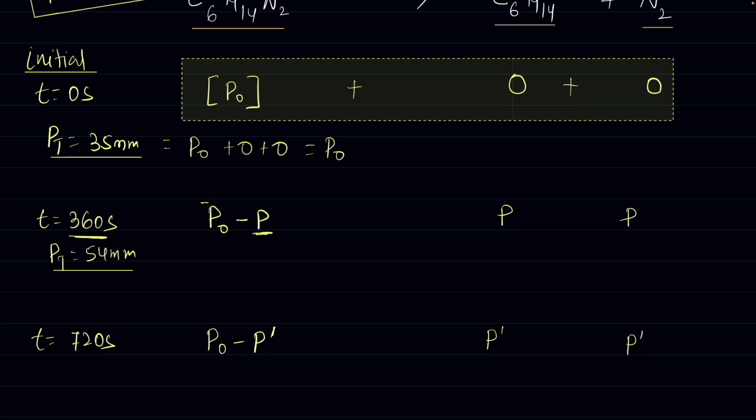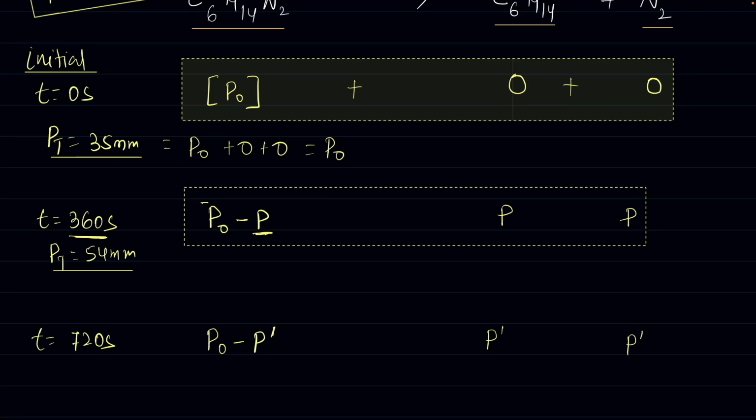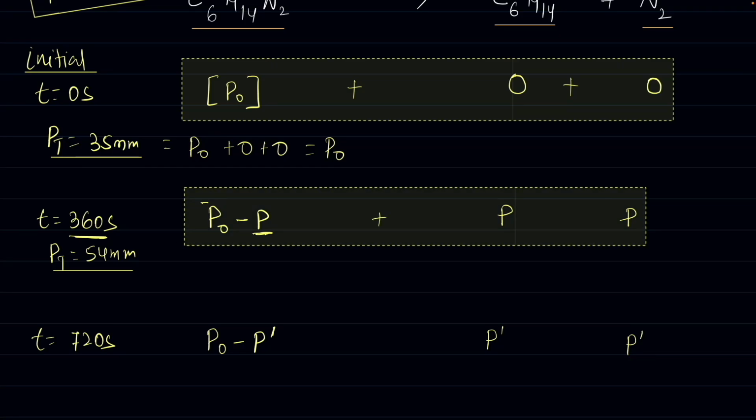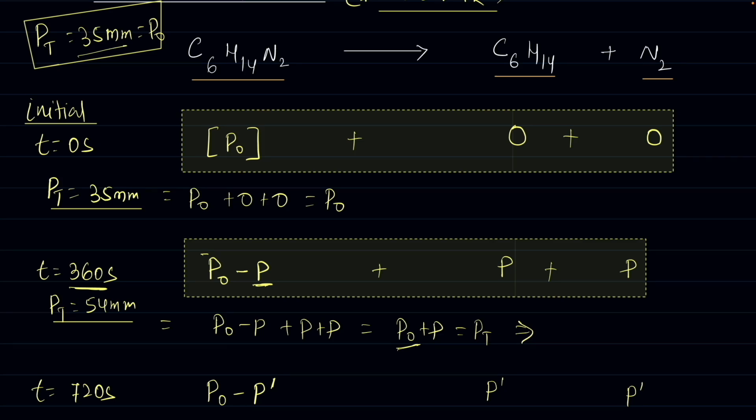The total pressure for the second relation is equal to 54 mm, and when we add everything, the total pressure is equal to P naught minus P plus P plus P. It is equal to P naught plus P, and P naught plus P is equal to the total pressure. P naught we already got, it's equal to 35 mm.